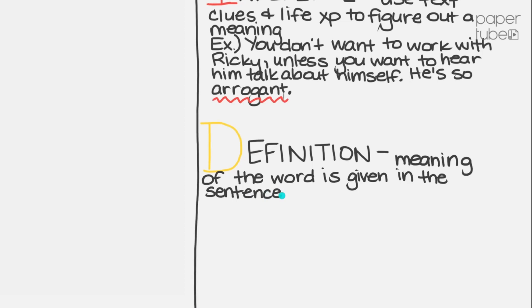So here's an example of that one. Ricky is so arrogant. He thinks he's more important than anyone else.